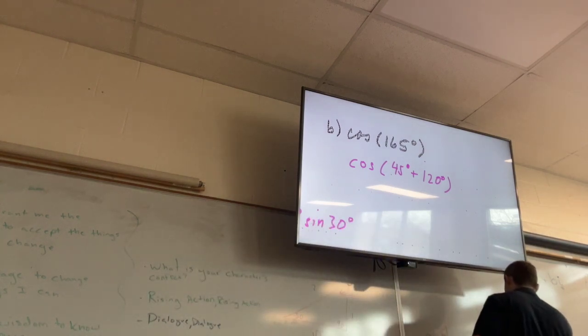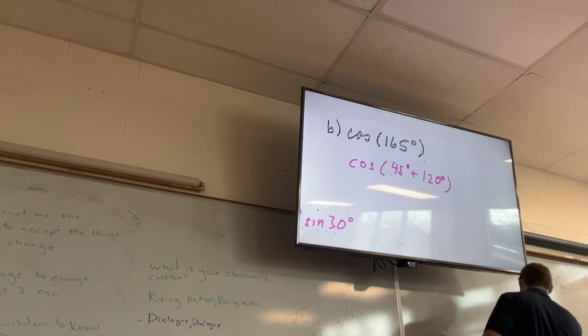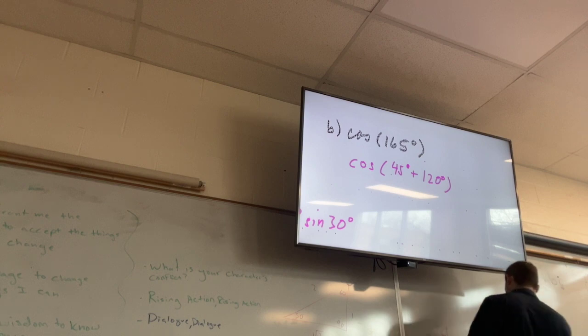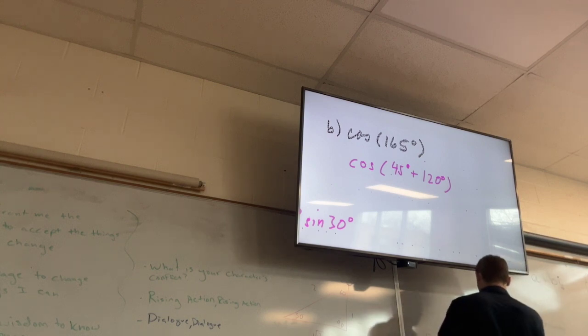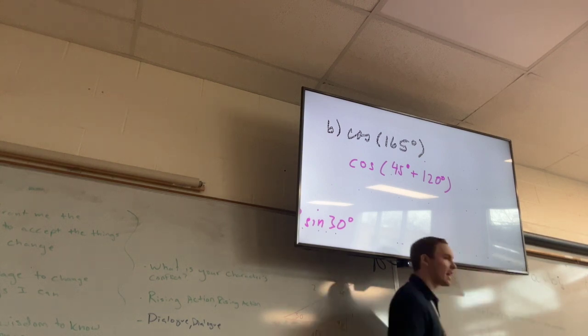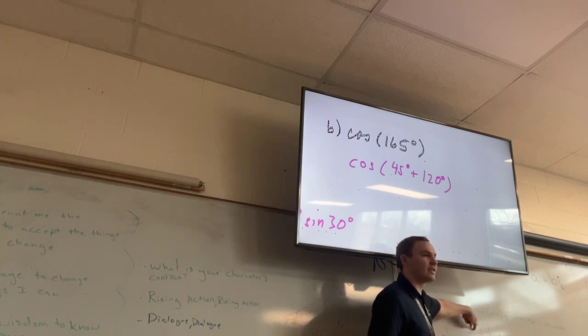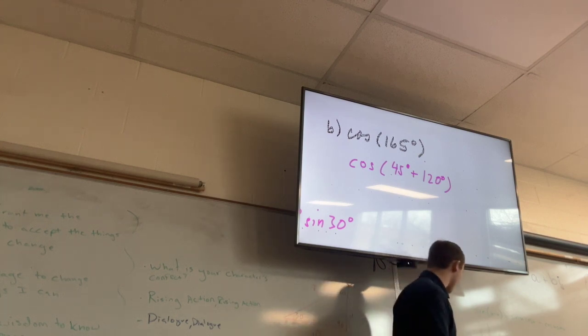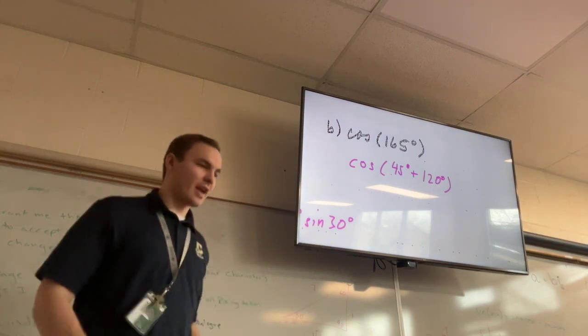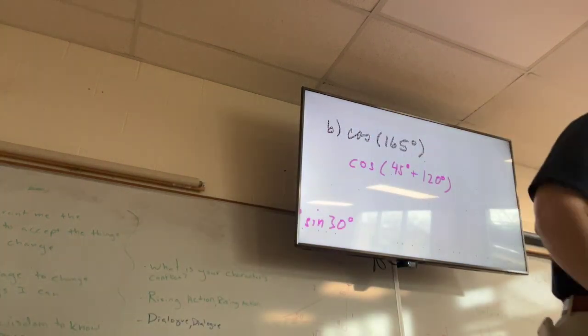Using our T-sac right here, 360 degrees, 180 degrees. So 180 minus 60 is in the second quadrant here, so I can know that angle. Okay. Right, so cosine of 45 degrees plus 120 degrees.